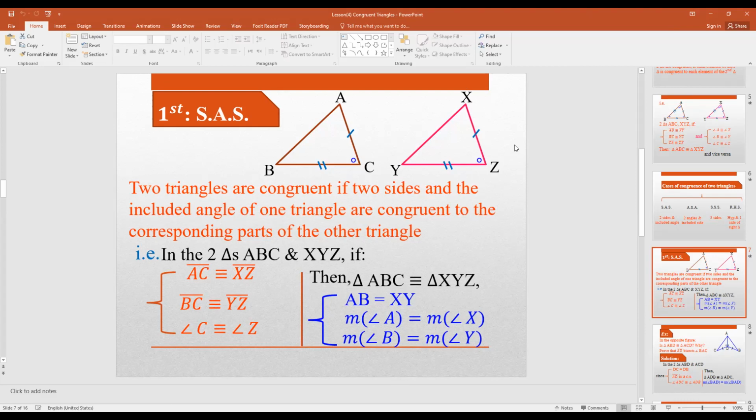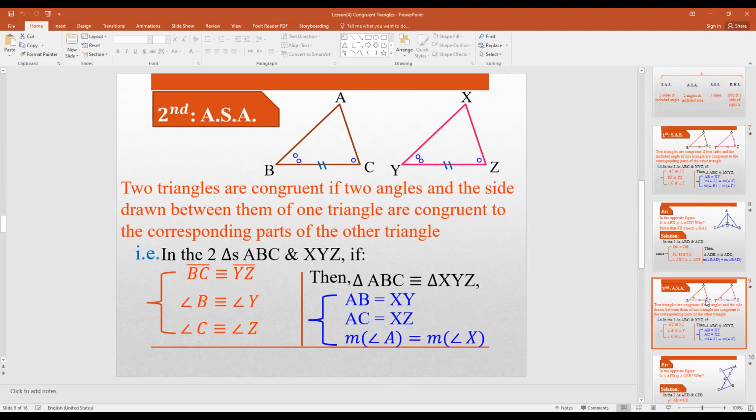We have four cases. The first case is that two triangles are congruent if two sides and the included angle are congruent to the corresponding parts in the other triangle. The second case is that two triangles are congruent if two angles and the side drawn between them of one triangle are congruent to the corresponding parts in the other triangle.